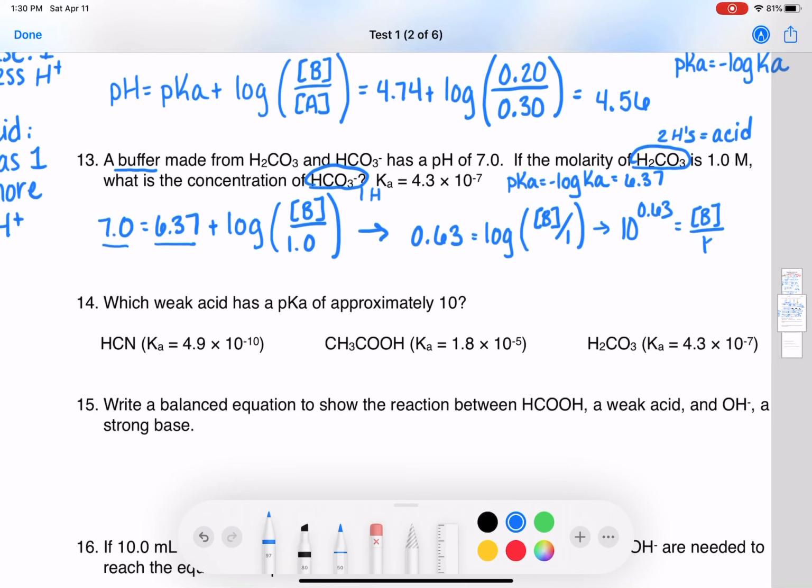I'm going to stop dividing by 1. The concentration of this base is 4.27 molar. That seems super high. It makes me want to plug everything back in and check my work because that seems like a really high concentration. But when I plug it back in, I end up with the right pH, so that is the correct answer.